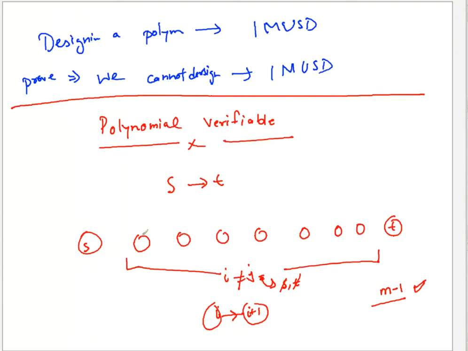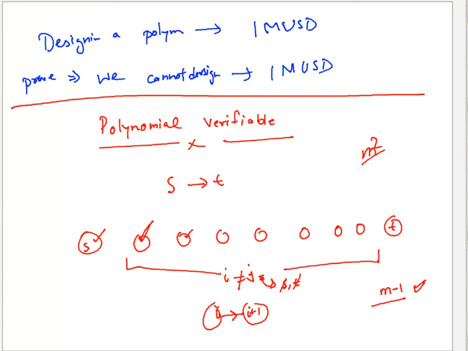In the worst case, it will take n square or m square time, if m is the number of nodes. And then checking the sequence, whether the edge is present or not, you just have to check in the adjacency matrix, which is again a direct lookup. So you can do the verification in polynomial time, if someone comes with the claim that there is a Hamiltonian path.